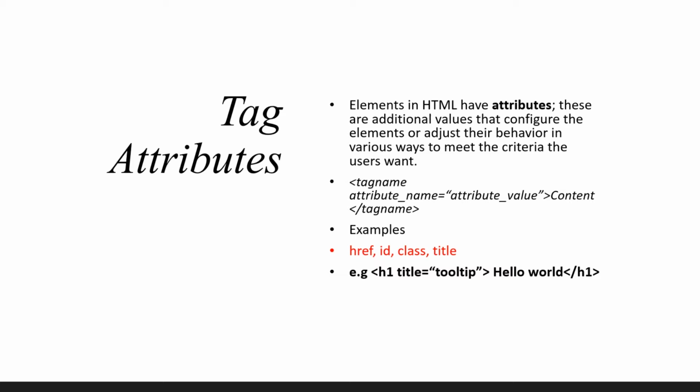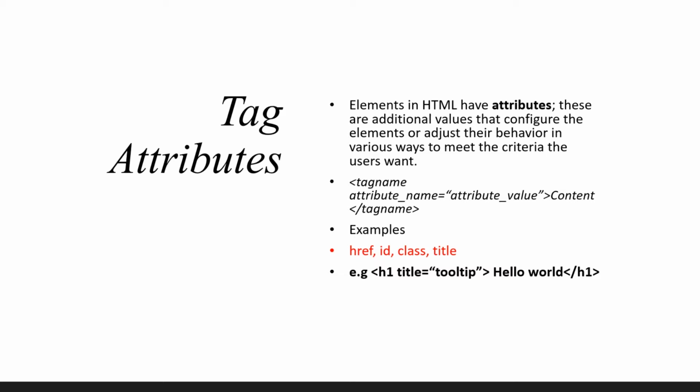Usually it's the tag name, then the attribute name and attribute value, the content, and then the closing tag name. Examples could be href, id, class, title, and so forth.